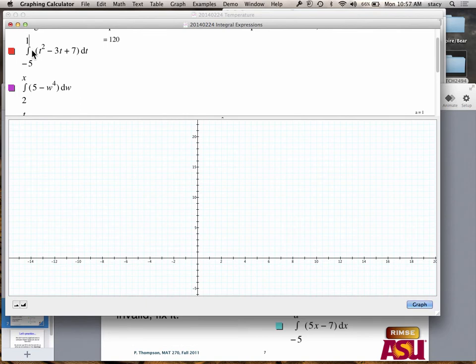F of 1 means plug in 1 for x. And when you do that, from -5 to 1, the accumulation is 120. That's a value, okay? So this outputs the value when I put the 1 in the top.